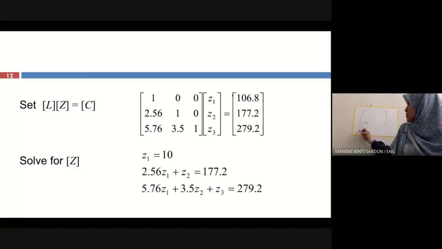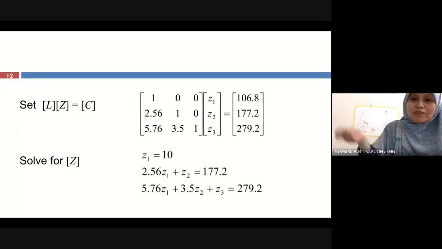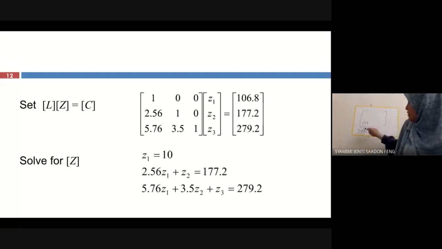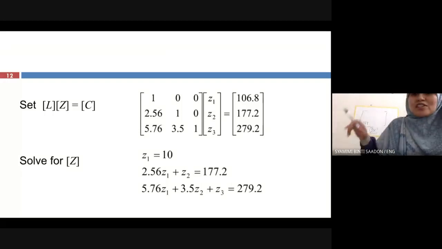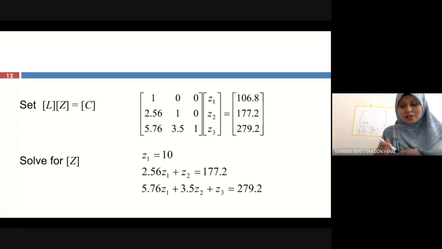The rule is like this: 3 times 3 multiplied with 3 times 1. We see this 3 and 3, which means both matrices can be multiplied. Otherwise, we cannot multiply, right? If we don't have the same value here and here. The answer will be a 3 times 1 matrix, which is the same as matrix C here. That is the rule.